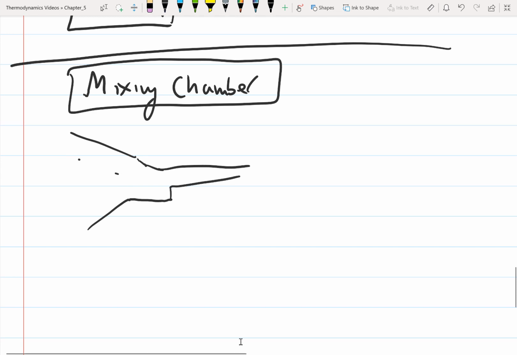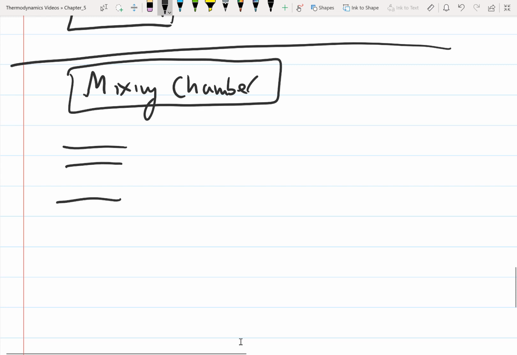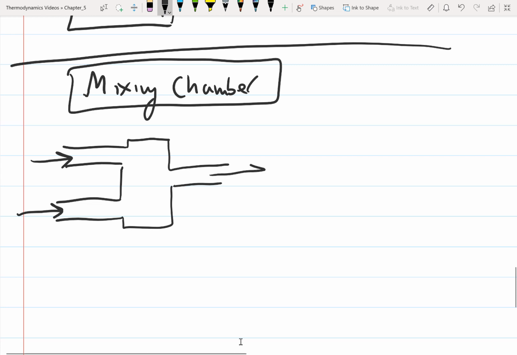This is kind of a bad drawing. So let's say that these are our two streams in. The fluid is being mixed and then it flows out. So basically we have two streams in, and this might be like hot and cold water or something else that we're mixing, and then we have a stream out. So these are both in and this one is out.